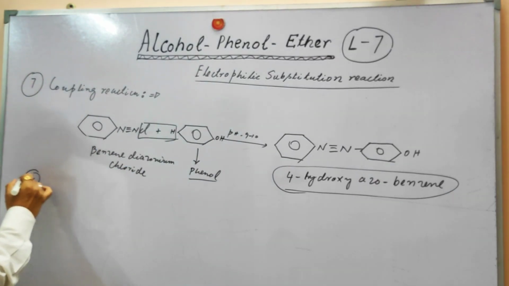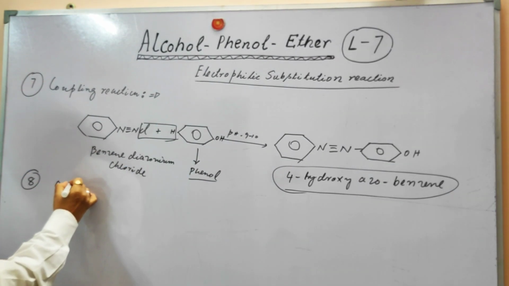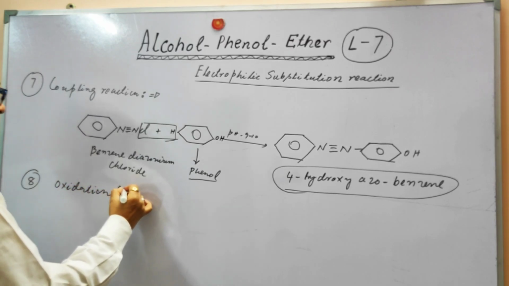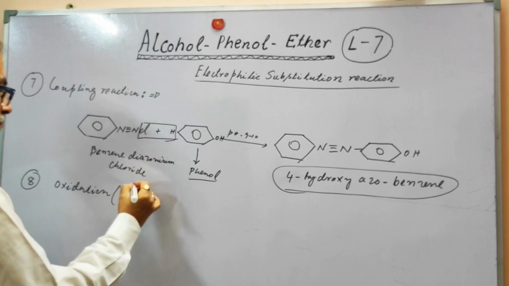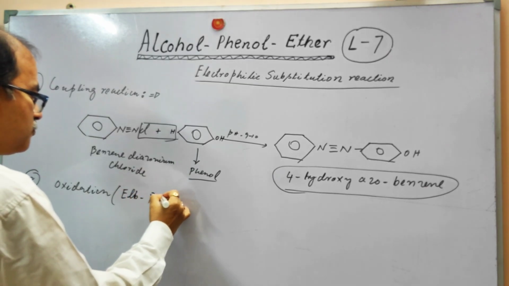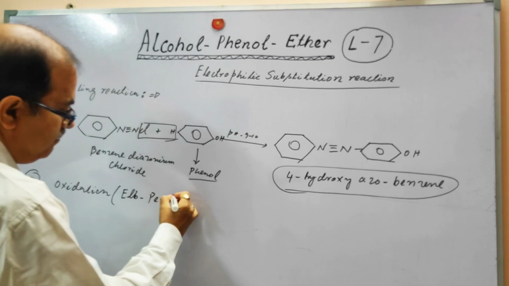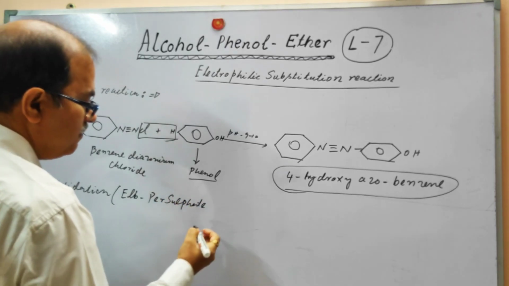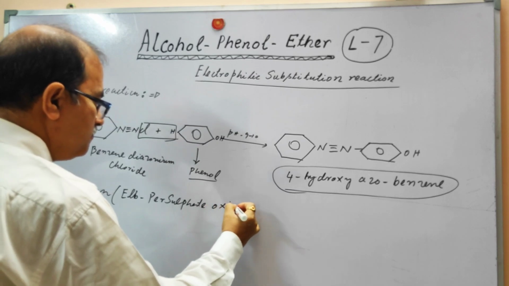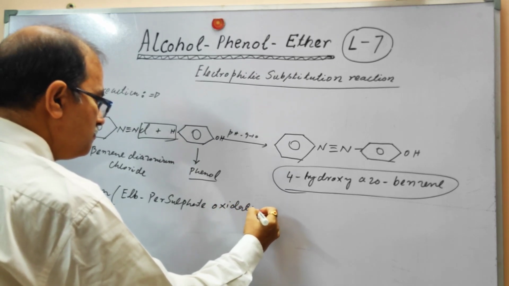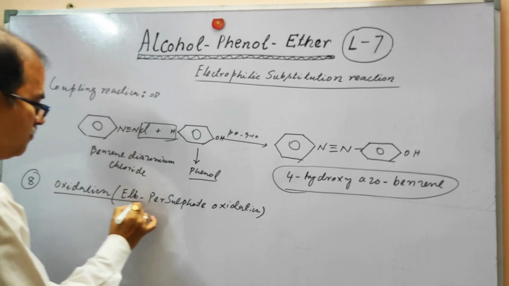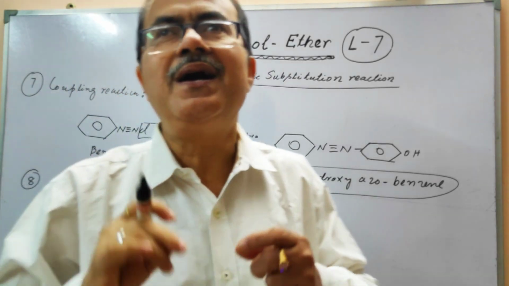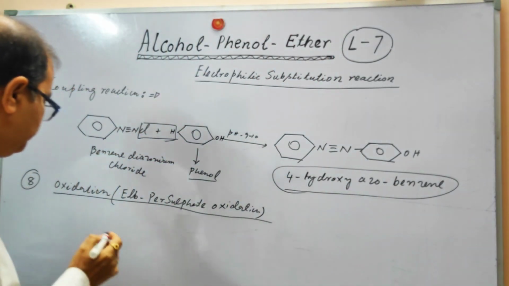The last reaction that we are going to discuss is the oxidation reaction, called the Elbs persulfate oxidation. In this reaction, what we observe is that phenol is converted into dihydric phenols.